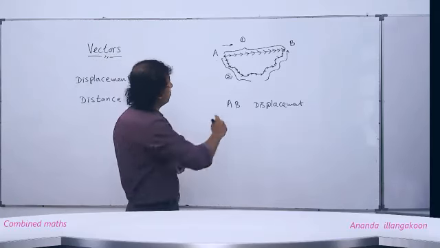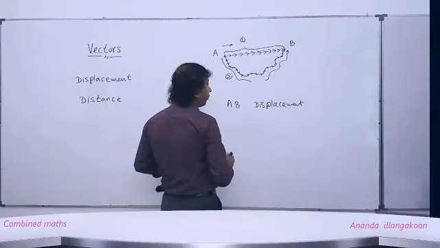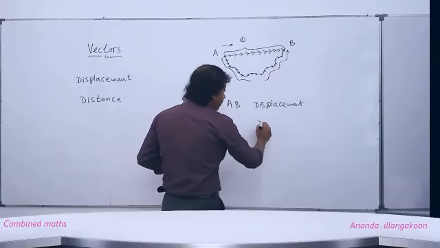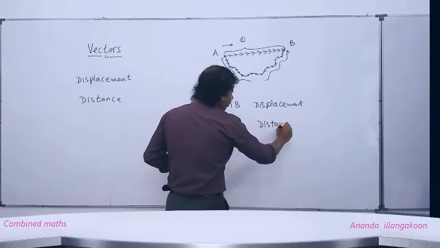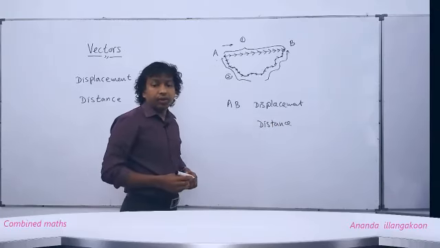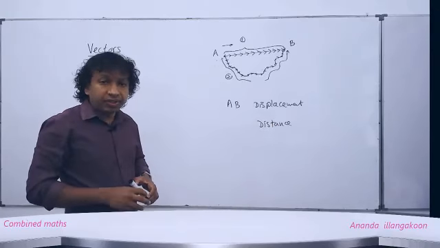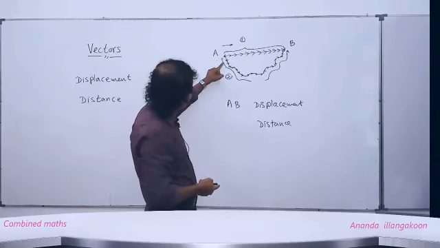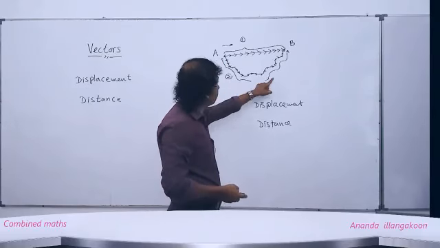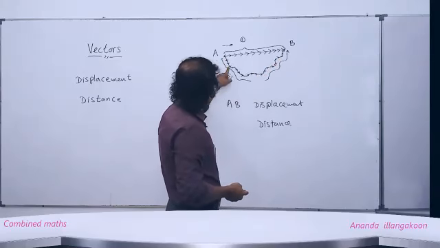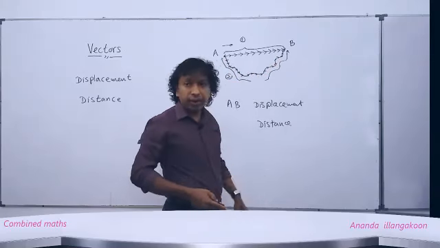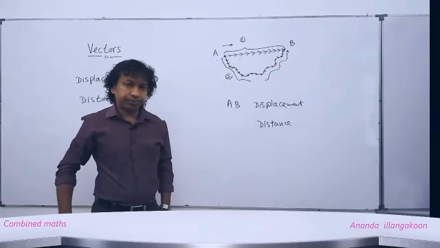And this curved path, this length is called the distance. Why? People, in this case you can see the length is the distance, but the man who walks along this track has no definite direction.